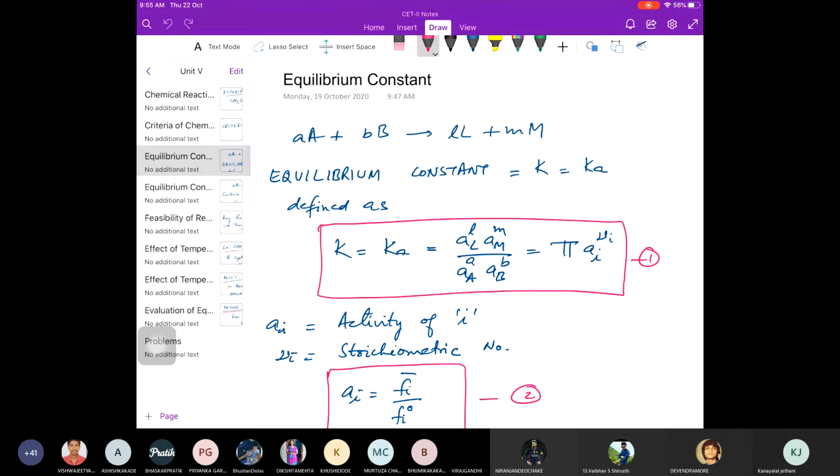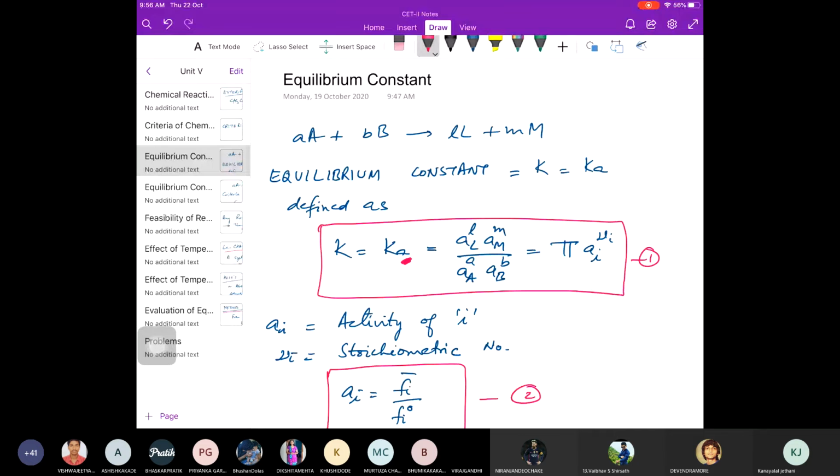It is defined as the activity of component L, that is product, raised to the power of the stoichiometric number of L, into the activity of component M, which is product, raised to the power of the stoichiometric number of M, divided by the activity of reactant A raised to the power of the stoichiometric number of A, into the activity of reactant B raised to the power of the stoichiometric number of B.